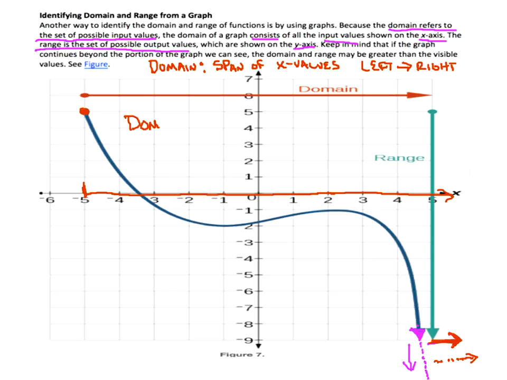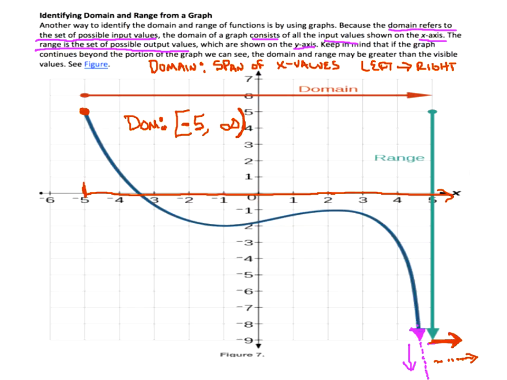So my domain for this particular function starts at and includes, so I'm using a bracket since I'm including it, -5, and goes through positive infinity. I use a parenthesis because I never include infinity.